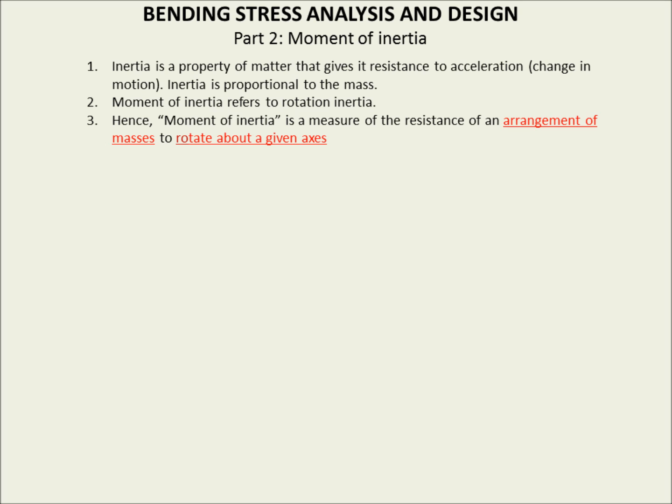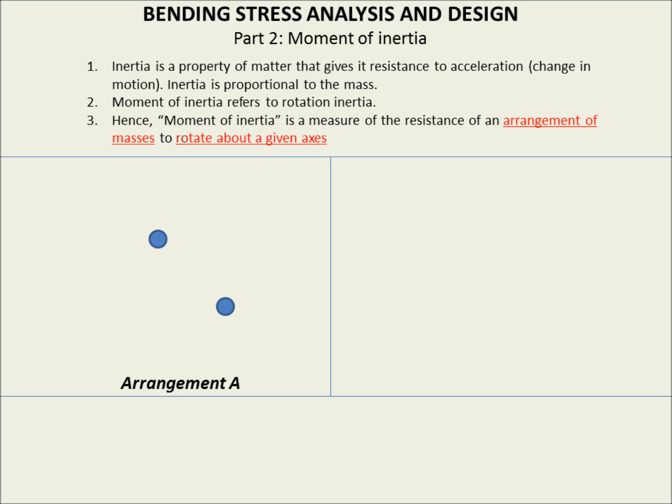Let's consider an arrangement of masses, arrangement A, a simple arrangement made up of two balls of mass m connected with a massless rod, and there's a length associated with the distance between the balls, L1. And the task is to rotate this arrangement of masses about an axis which is midway between the balls. So we apply a torque, T1, and the task is to rotate this arrangement of masses about that axis represented by the red dot, midway between the balls.